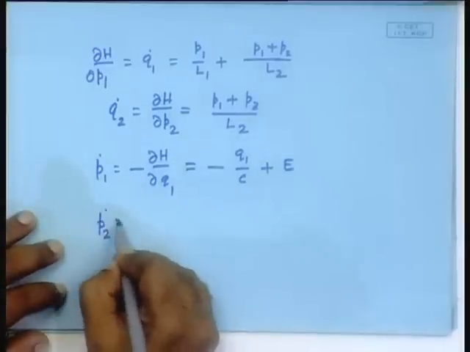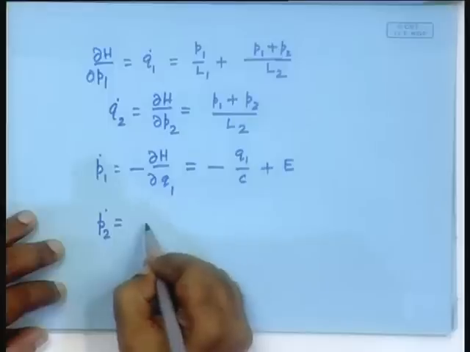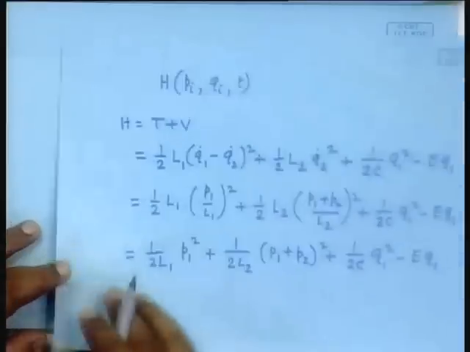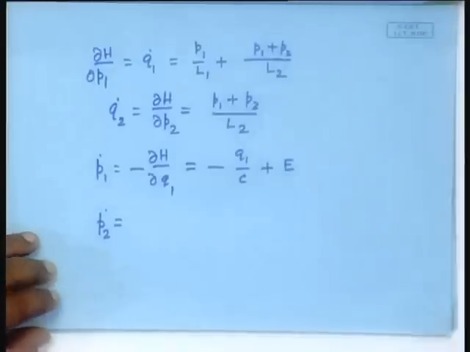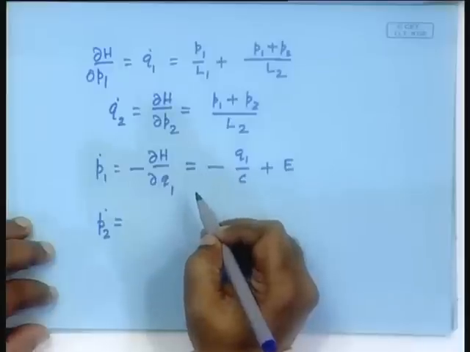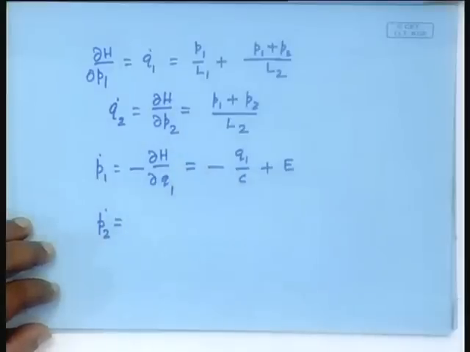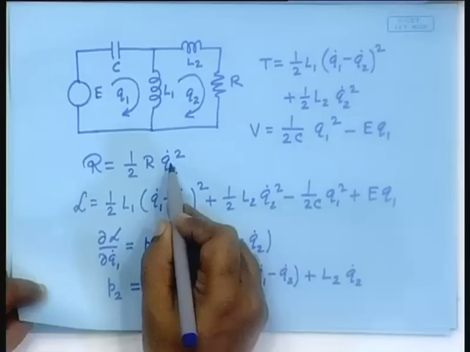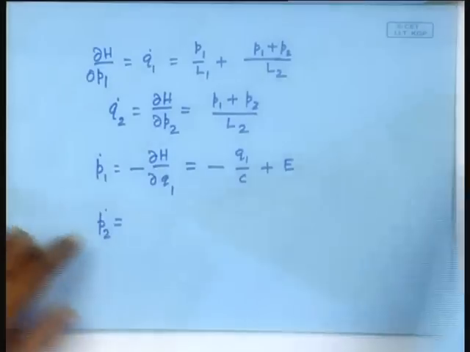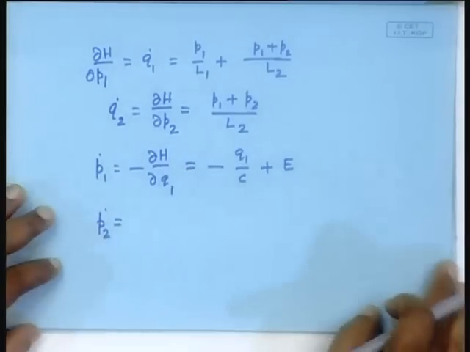P2 dot is, well, sorry, I did not include the Rayleigh term, but in any case the Rayleigh term does not depend on Q1 dot. So, even if we should have written it here, we are not wrong.